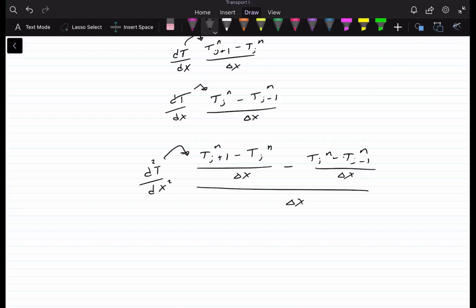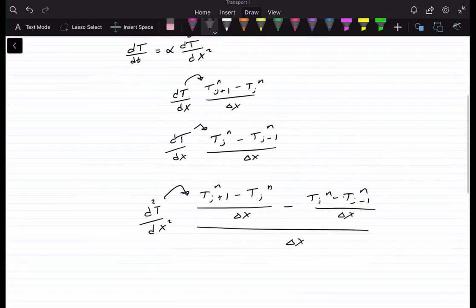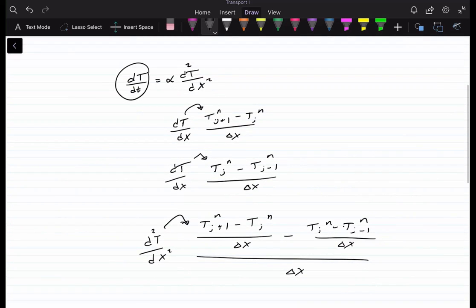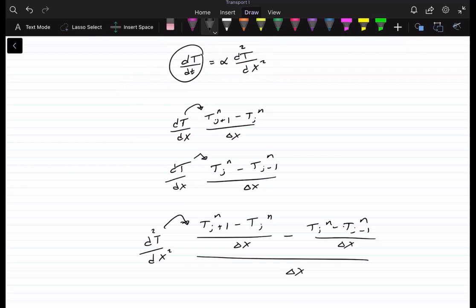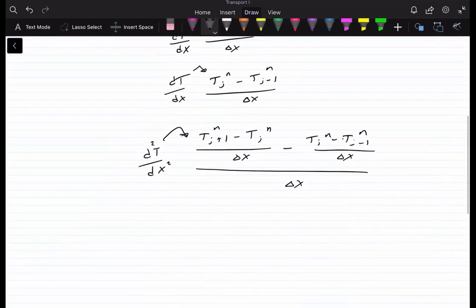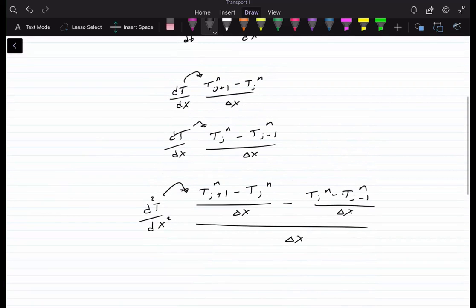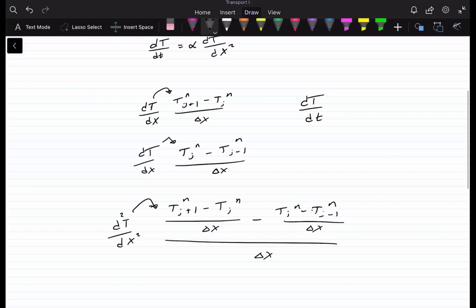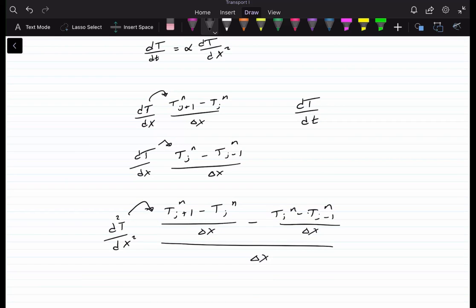And basically what we have now is we need to do this part of the equation. We also need to take a finite difference of this with respect to time to give us an approximation of the change in temperature over the change in time. So I'm going to put that here as a term. So I'm going to do d big T over d small t, change in temperature over change in time.